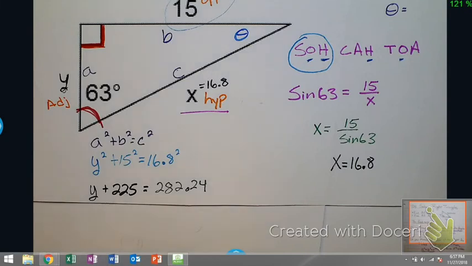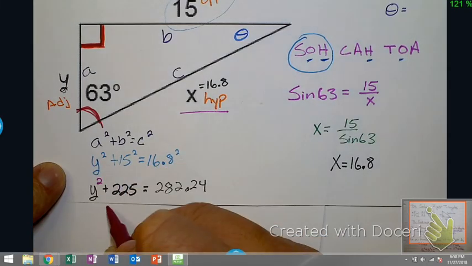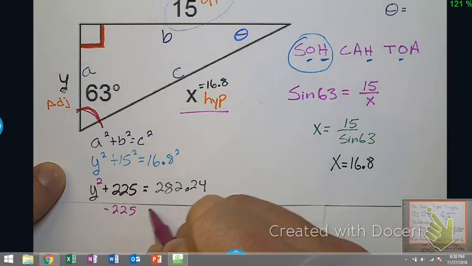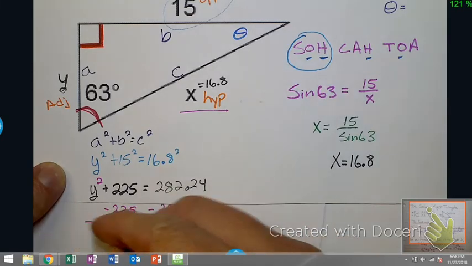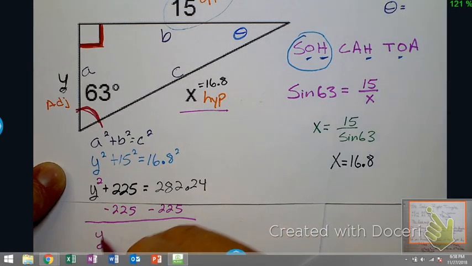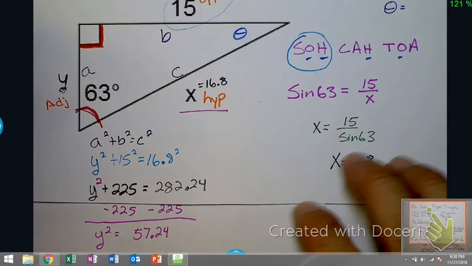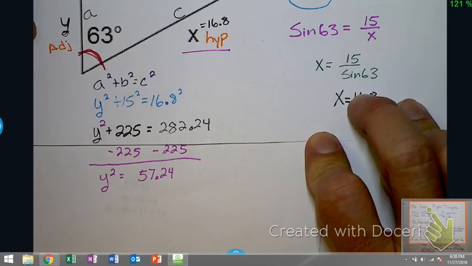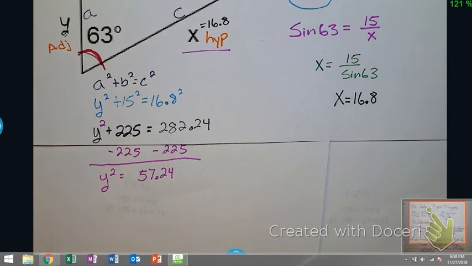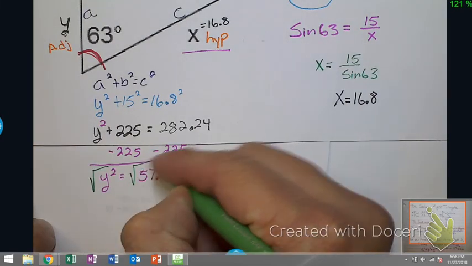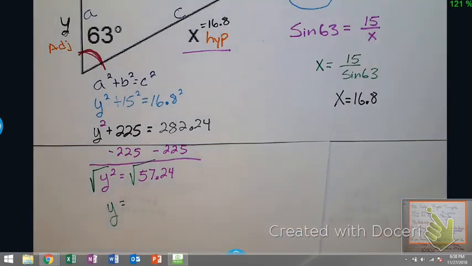I'm going to subtract. We're going to subtract 225 on both sides of the equation to solve for y squared. We're going to get that y squared equals 57.24. Now that we have solved for y squared, we can square root both sides and solve for y.